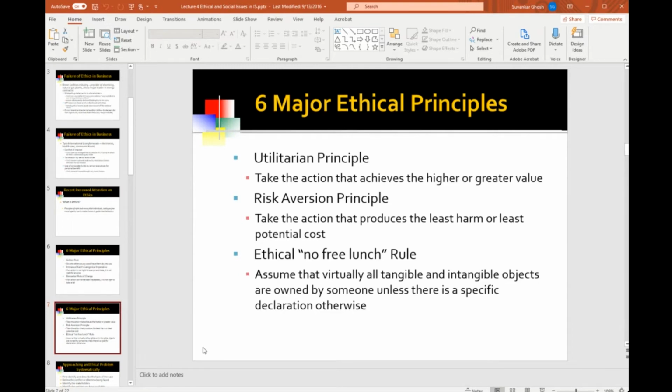If you think about what could happen as a consequence of your actions and how lots of people could be negatively impacted, then you should refrain from taking that action. The utilitarian principle is looking at the benefit or the harm, if you will, that is caused to large numbers of people. And if your action potentially is a source of harm for a large number of people, then don't take it.